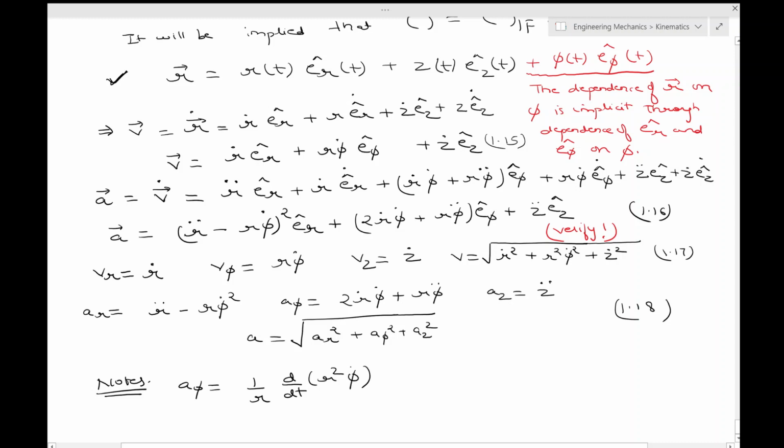So this is the same as this. You can expand this and see that you will get exactly that. This is equal to 1 by r d by dt.